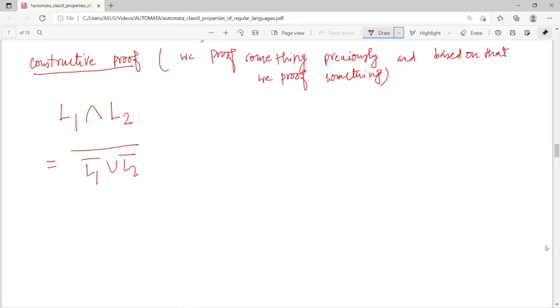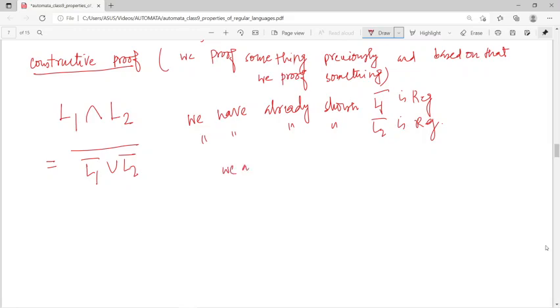Now we have already shown that L1 complement is regular because complementation is closed, then we have shown that L2 complement is also regular, and we also proved that the union of two regular languages is also regular.